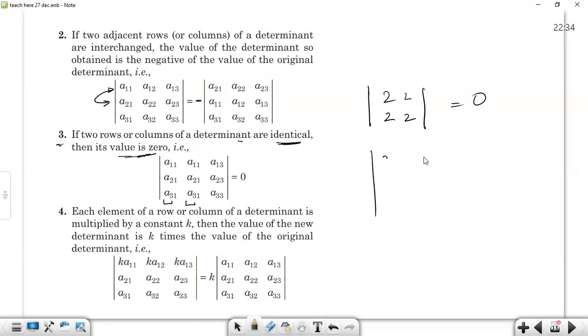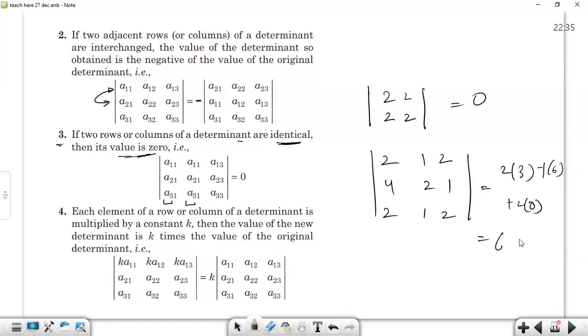Let's apply it here in this format. Now the first row and the third row are the same. So let's try to find out its determinant. 2 into 4 minus 1, 3. Minus 1 into 4 into 2, 8 minus 2, that is 6. Plus 2 into 4 minus 4, 0. So 2, 3, 6 minus 6 equals 0.